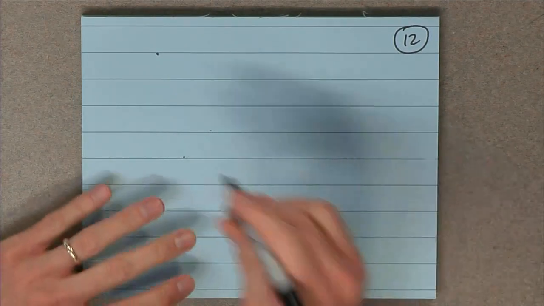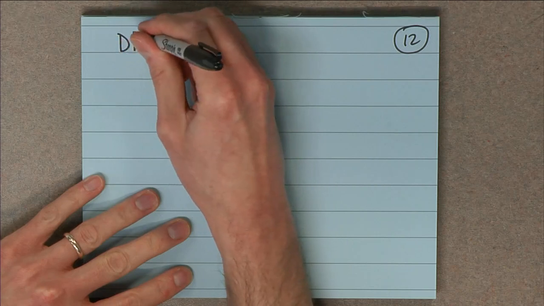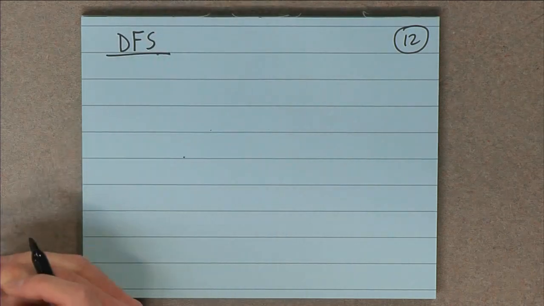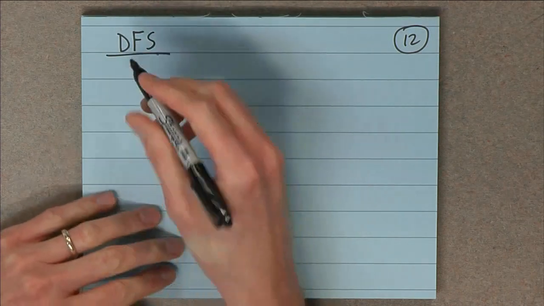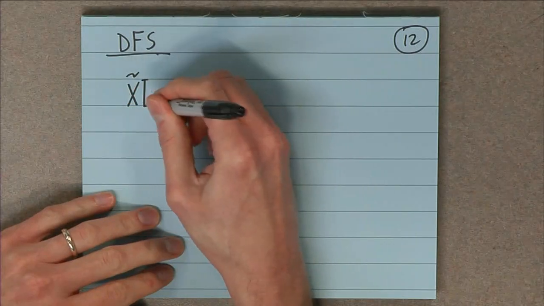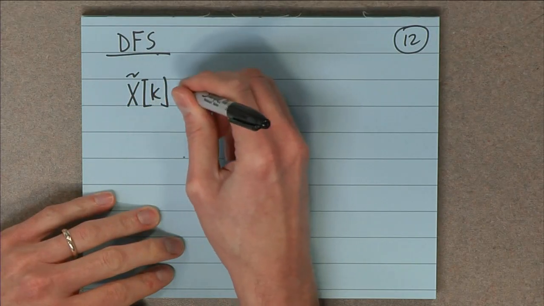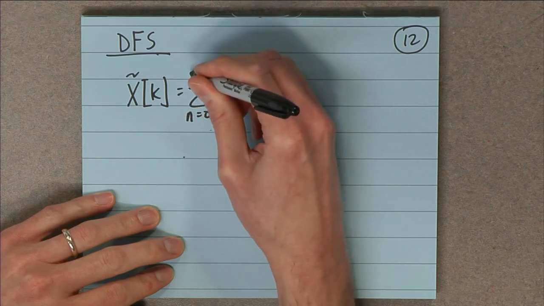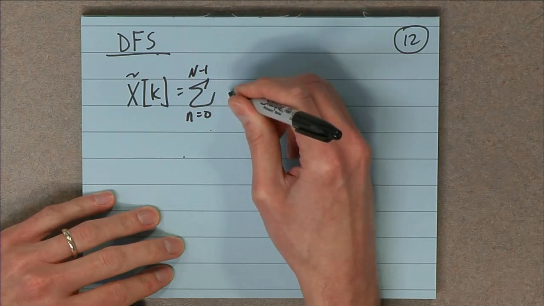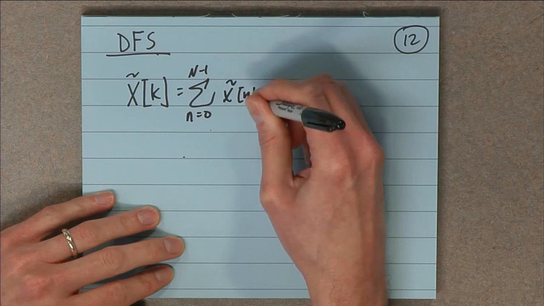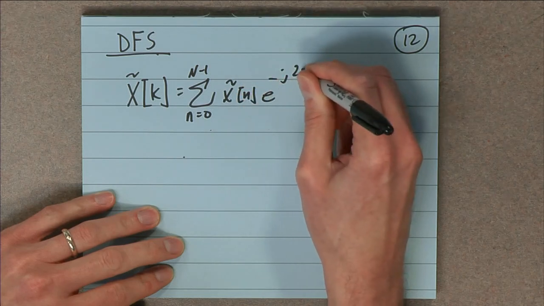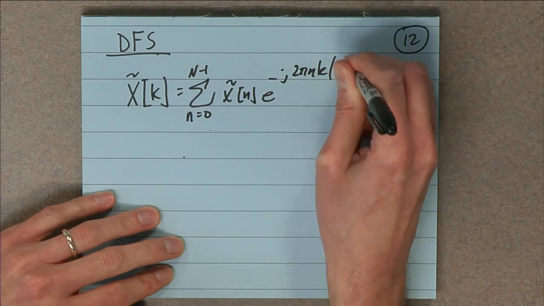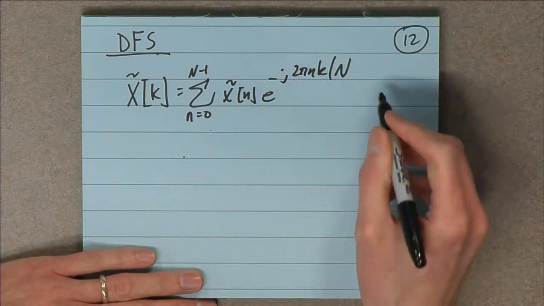Well, we're going to start by connecting them, by going back to our original equations. So if we start with our analysis equation, as a reminder, e to the minus j 2 pi n k over cap n, everything's periodic, that's our analysis.